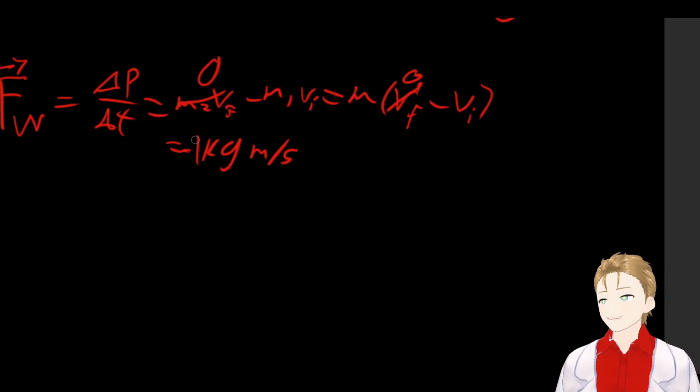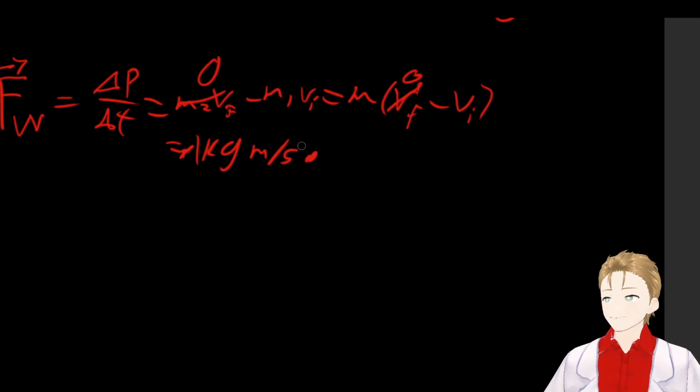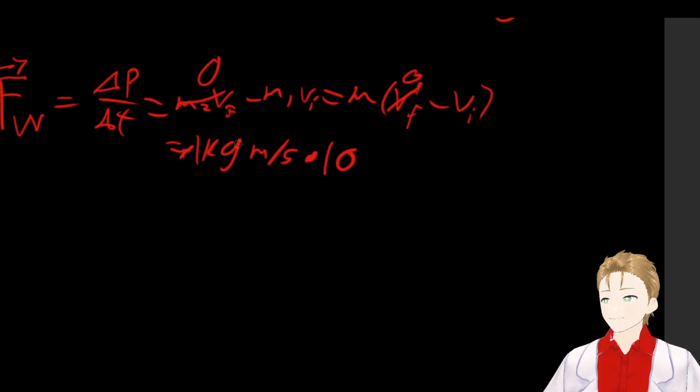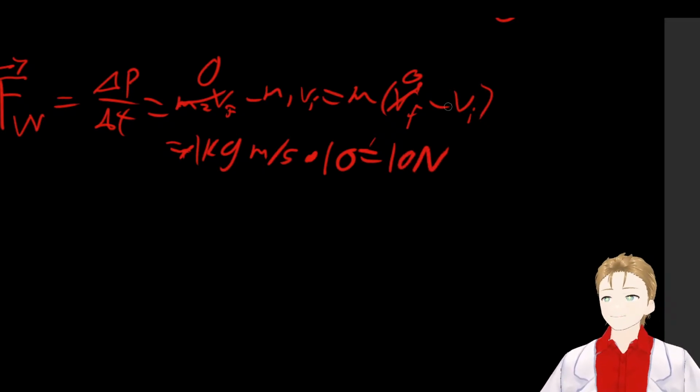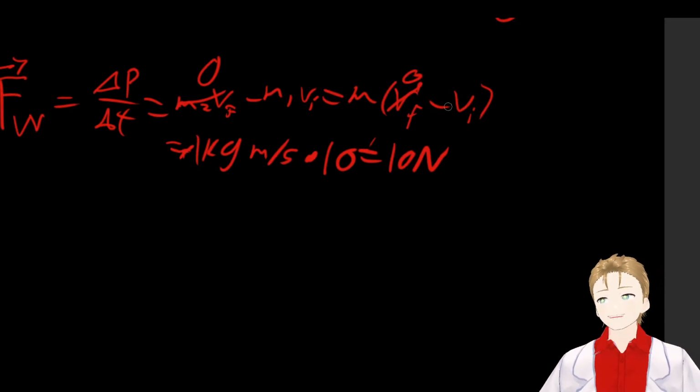But since this is asking only for the magnitude, so no direction, we can ignore the negative. But this is also asking for the whole stream of bullets, so it's times 10. Each is per pellet, but we have 10 pellets. So therefore, it is 10 newtons of force.